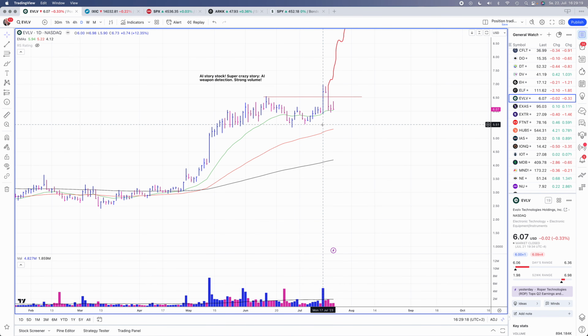I bought it on Monday on a breakout, and I got stopped out two days later. This is one of the signs that these story stocks started to not work anymore, and another confirmation that it's maybe time to cash in and take some profits.